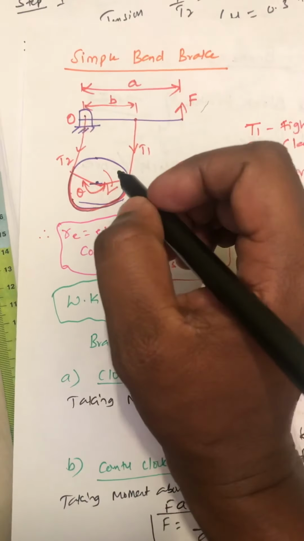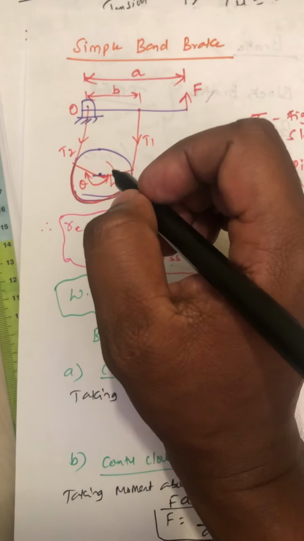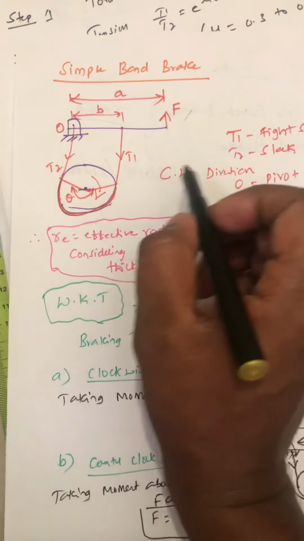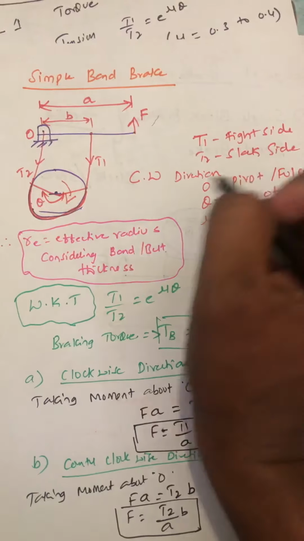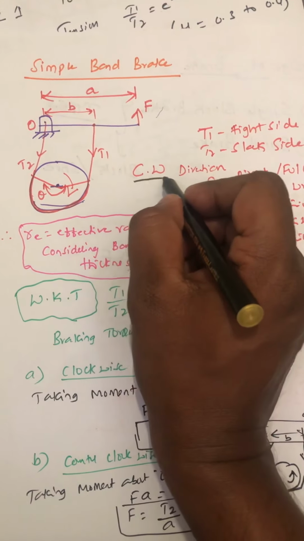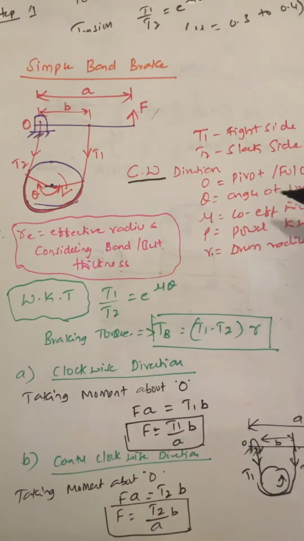If the wheel or drum is rotating in the clockwise direction, this becomes T1, that is the tight side, and this becomes the slack side. Let us see some terminology here.